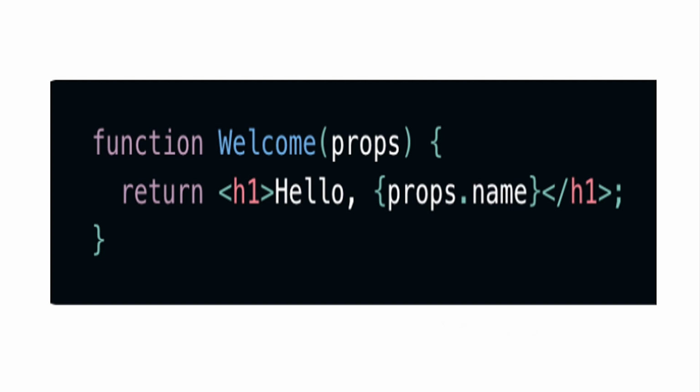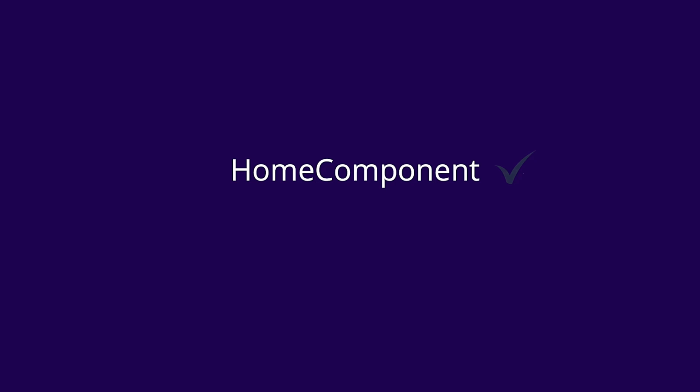Take note, when naming your component, always use the Pascal naming convention, which implies you capitalize the first letter of every word. So, for example, home component will be written like this. When you name it like this, React.js will treat it as a DOM tag. Another important point is that component code is usually written in a JavaScript file with a .js extension or .jsx extension.